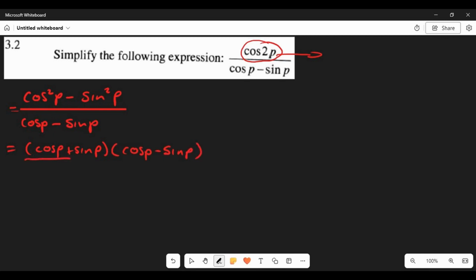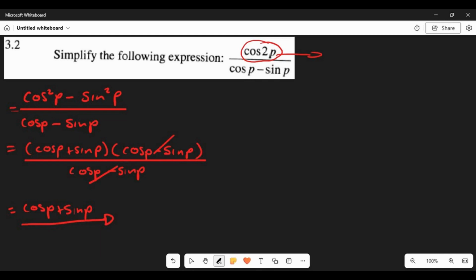All this is divided by cos p minus sine p. Right, so this cos p minus sine p will divide with this cos p minus sine p, and then we are left with only cos p plus sine p. Right, this is simplified, guys. There's no other way to continue from here. So basically this was just 3 marks. All right, so this is how you do it, guys.